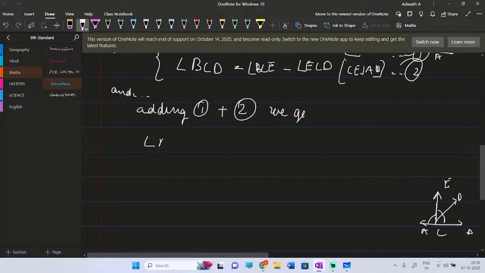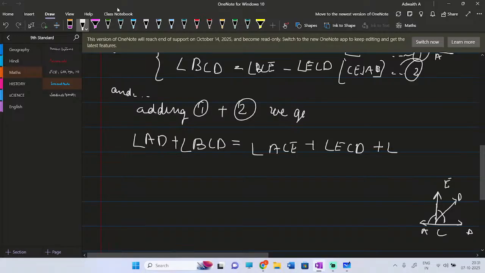So angle ACD plus angle BCD. We have to add both the LHS and RHS. So when you are adding, angle ACD plus angle BCD equals angle ACE plus angle ECD plus angle BCE minus angle ECD.